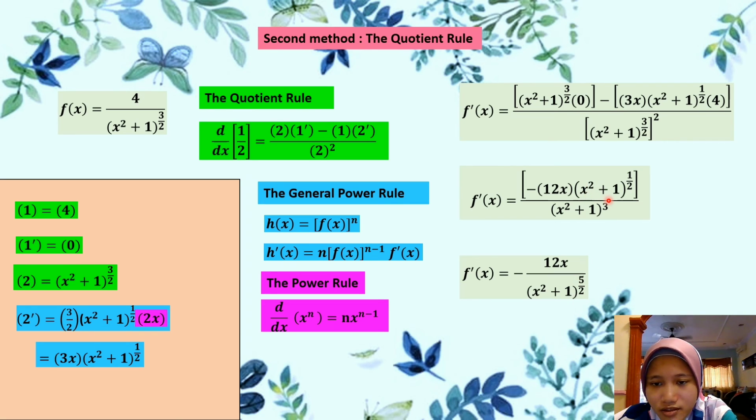Because the expression above and the expression below have the same base, we put the power into the below. Then 3 times 2, then 3 minus 1 over 2, we will get 5 over 2. That's all from me. Thank you.